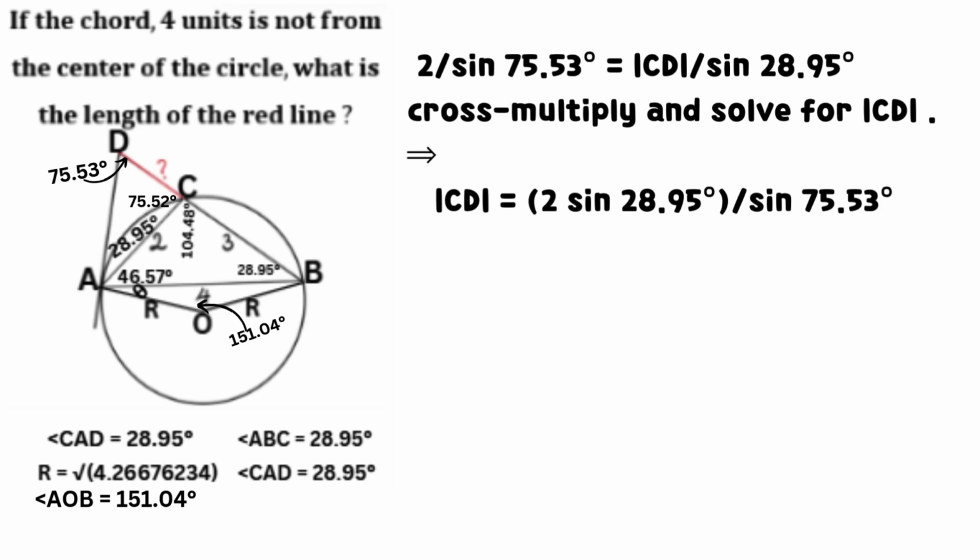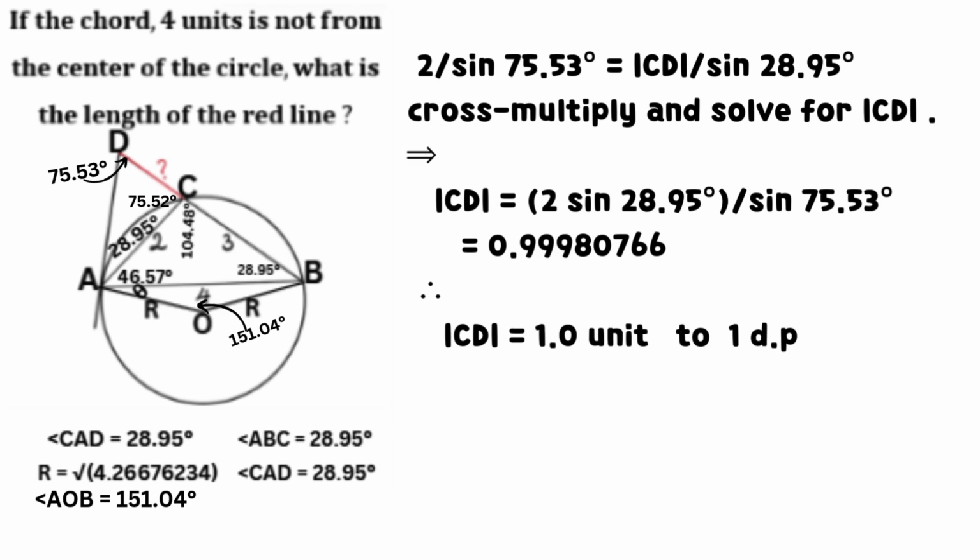Cross multiply and solve for line CD. This implies that line CD equals 2 times sine 28.95 degrees divided by sine 75.53 degrees, which equals 0.99980766. Therefore, the value of line CD, which is the required length of the red line, equals 1.0 unit to 1 decimal place.